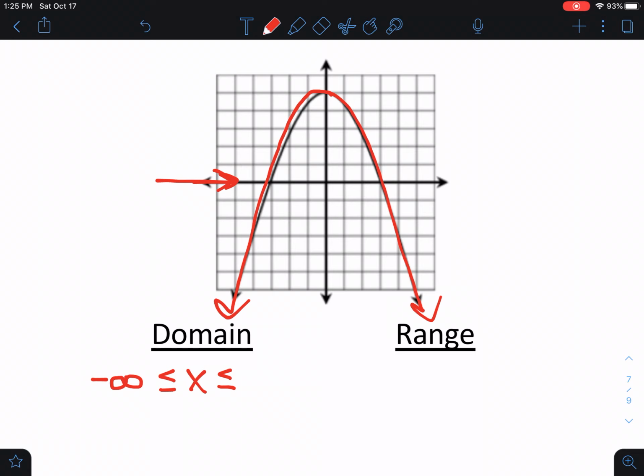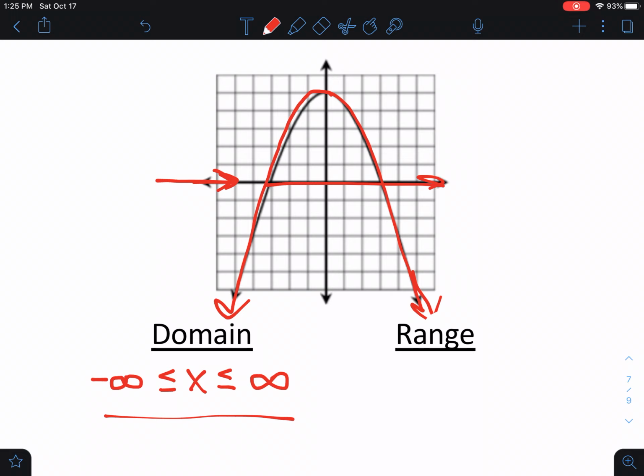Then we keep going this way, and this keeps getting wider and wider, so that goes all the way to positive infinity. So what does this mean? This really means the domain is everything. From negative infinity to positive infinity is all the numbers.